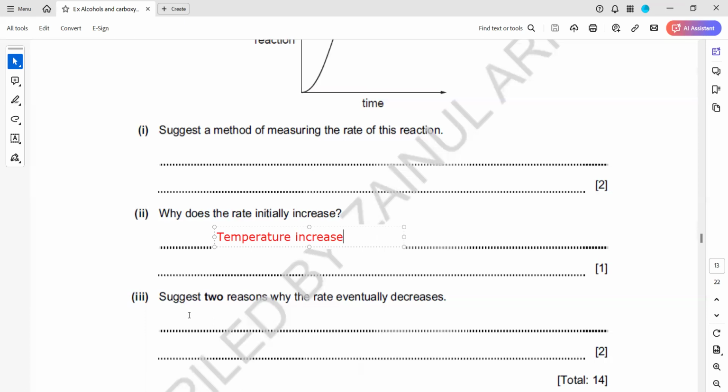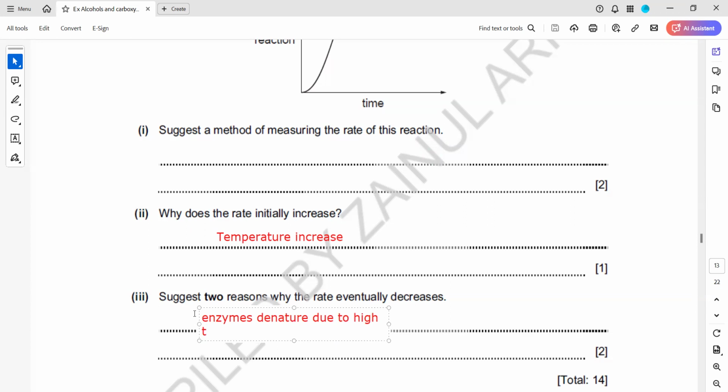And why is the rate eventually decreasing? Because maybe the enzymes denature. Enzymes may be denatured due to high temperature.